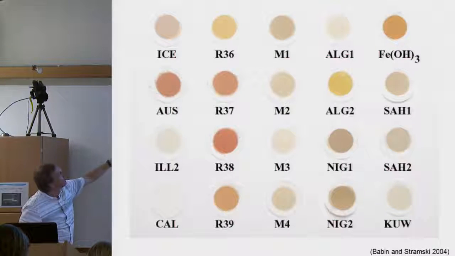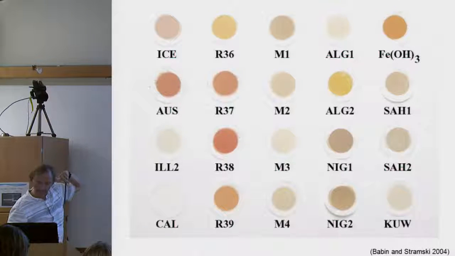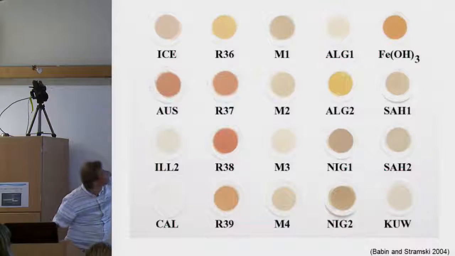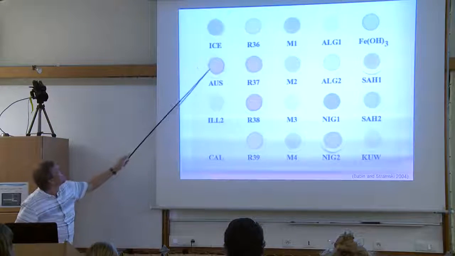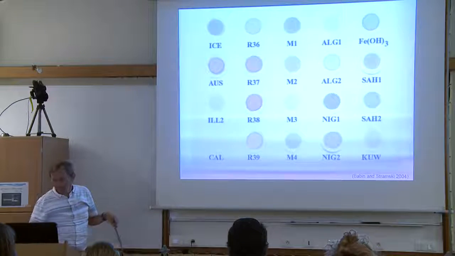You can see different colors for these samples if you collect them on glass fiber filters. Where is Saharan dust? Somewhere here. Some of these particles are reddish, brownish more than others.